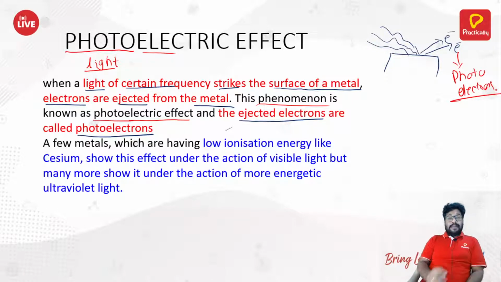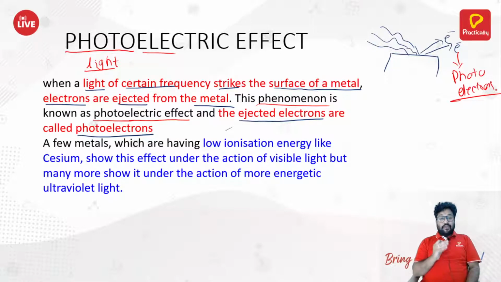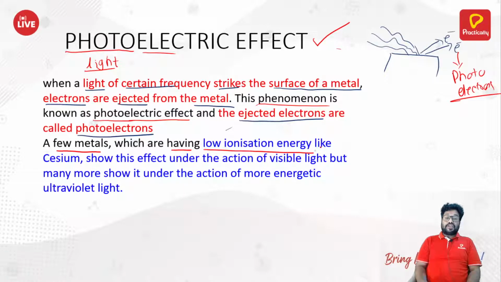Any metal, when struck with light of certain frequency, will eject electrons, and that phenomenon is called the photoelectric effect, and those ejected electrons are called photoelectrons. Very few metals which have low ionization energy show this.